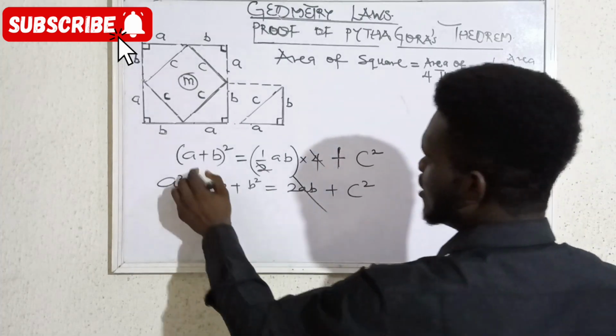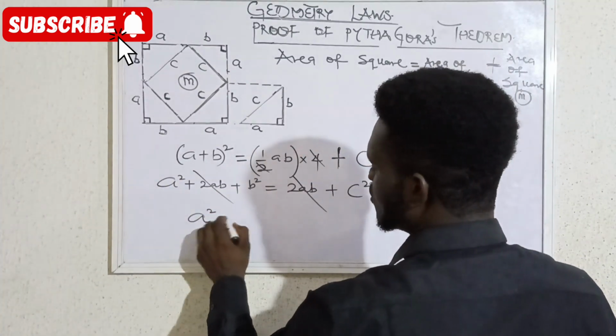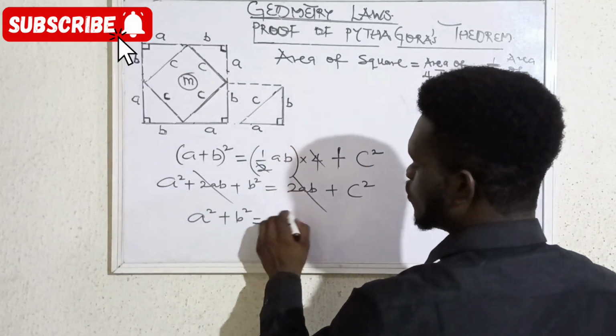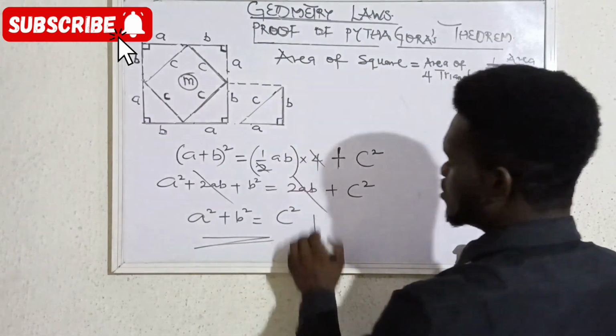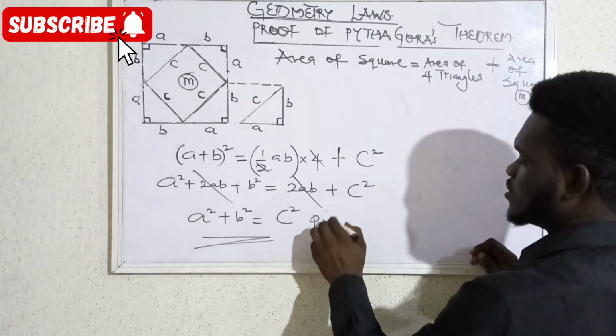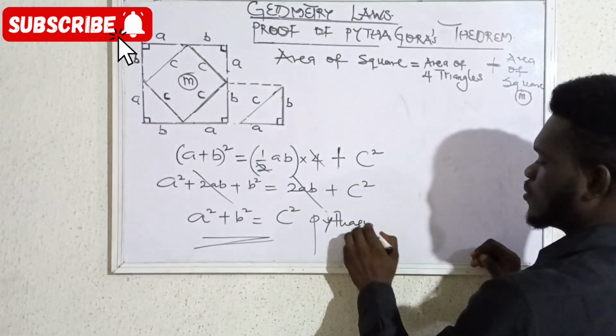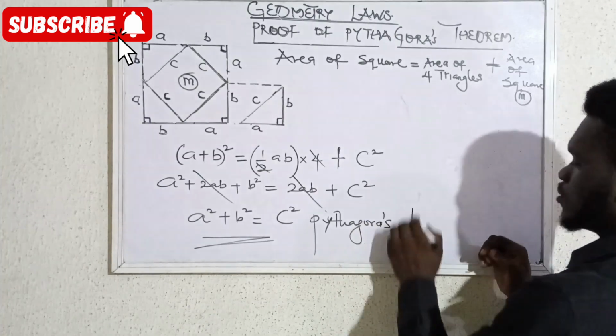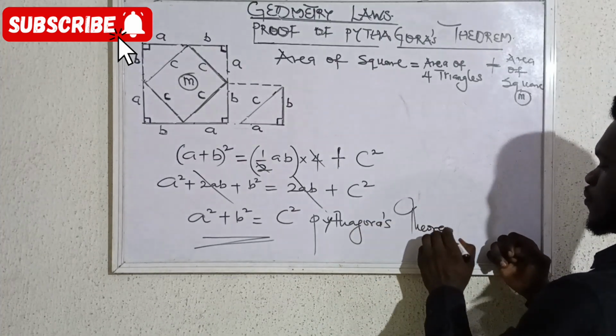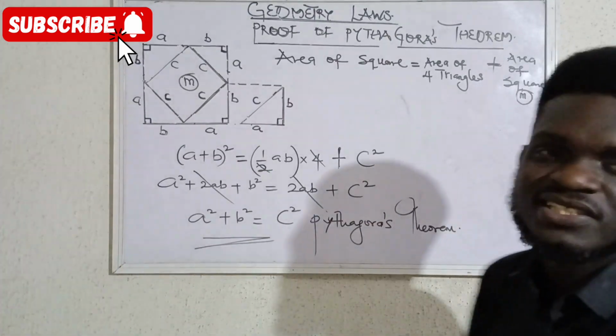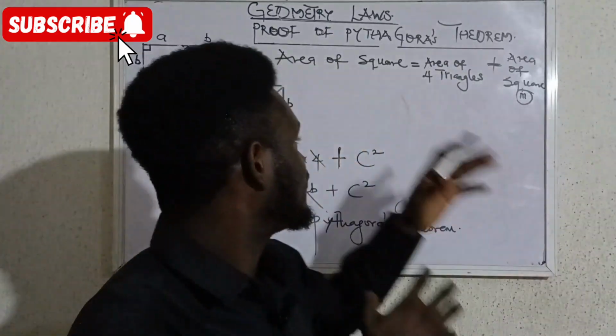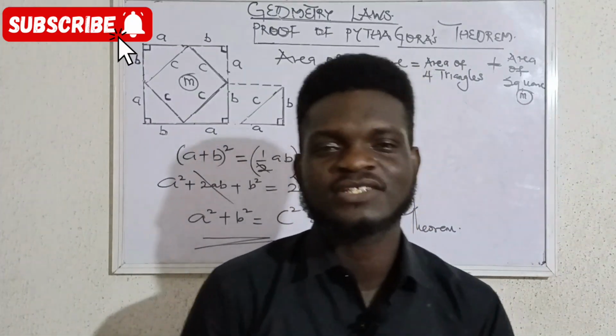They eliminate themselves perfectly, and we have A square plus B square equals C square. This is the Pythagoras theorem proved. So this is another very beautiful series to prove the Pythagoras theorem.